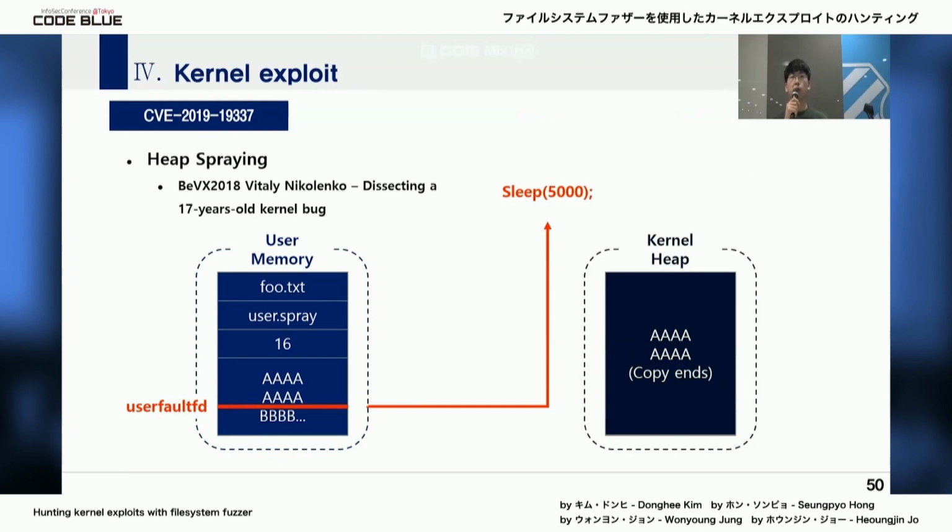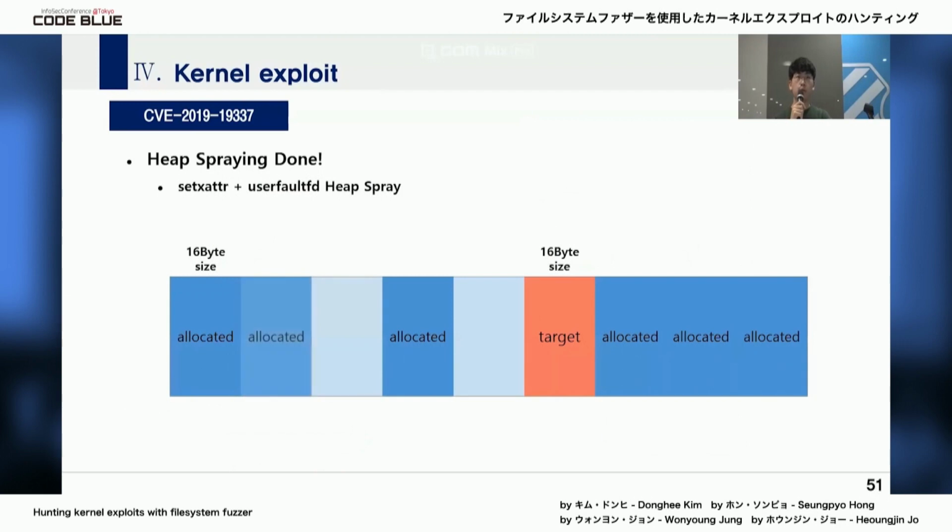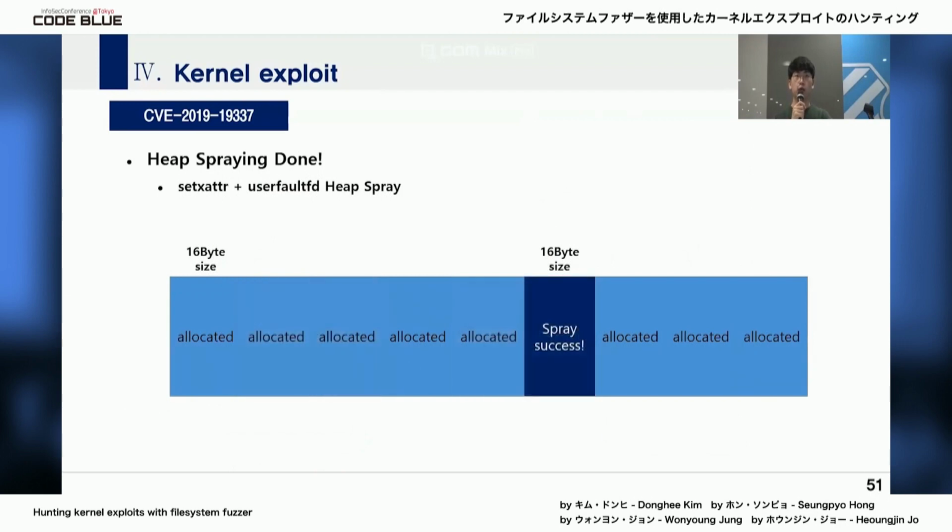Therefore, memory allocated through the ZX80TR syscall remains in the kernel memory without being freed for a specified period of time. In this way, we were able to reallocate the freed work queue structure in the close tree using this technique and modify it to an arbitrary value.